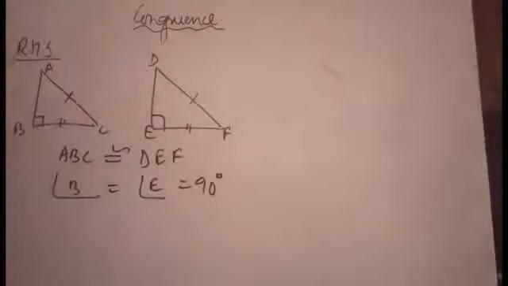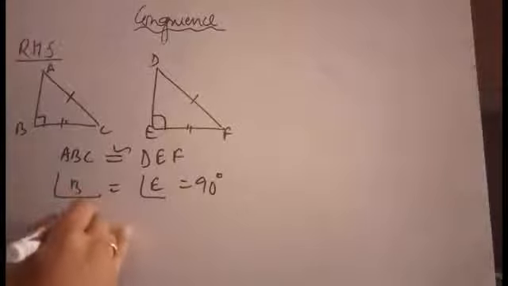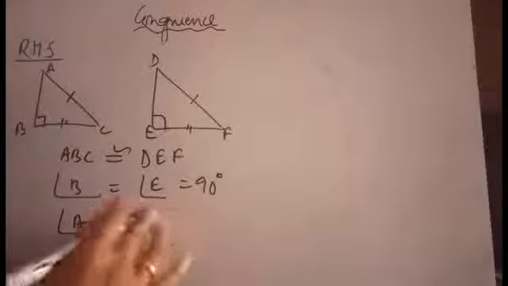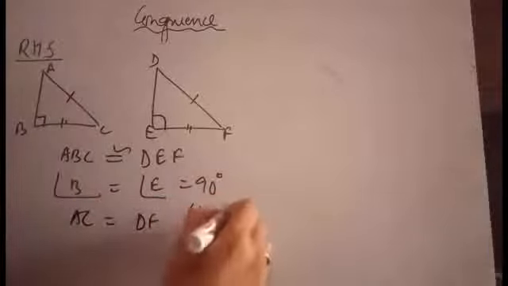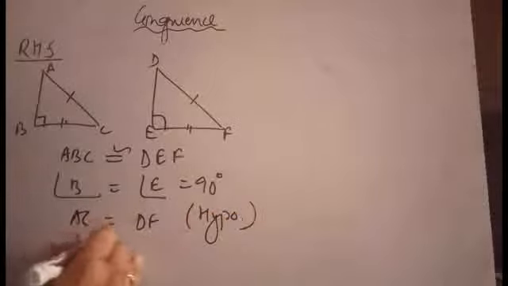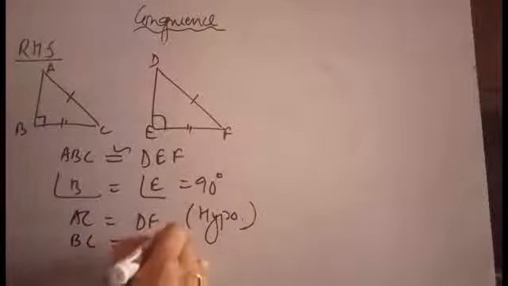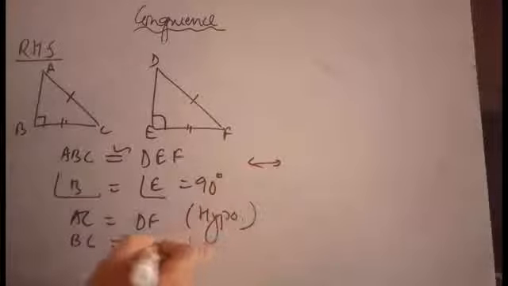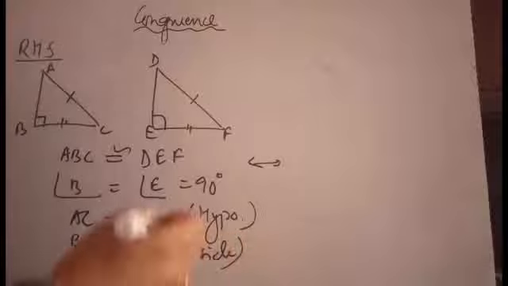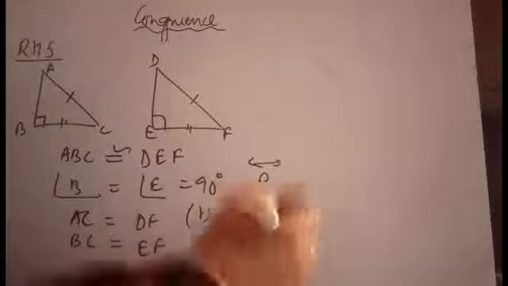They should be equal and they should be 90 degrees each. AC is equal to DF, this is the hypotenuse, and side BC is equal to EF. You can write equal and you can write the sign of correspondence also. They mean one and the same thing. So by RHS the triangles are congruent to each other. So these are the four cases through which we can prove the triangles to be congruent.